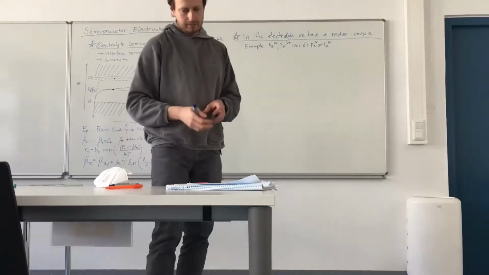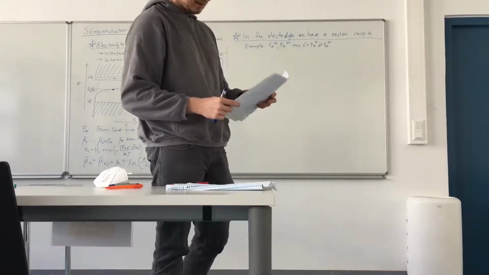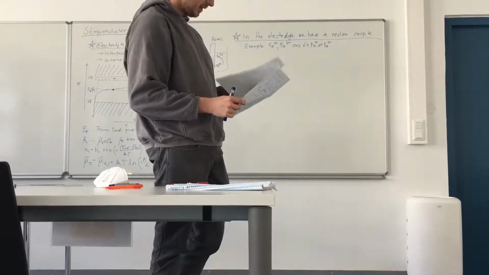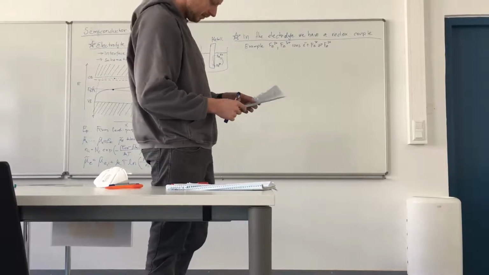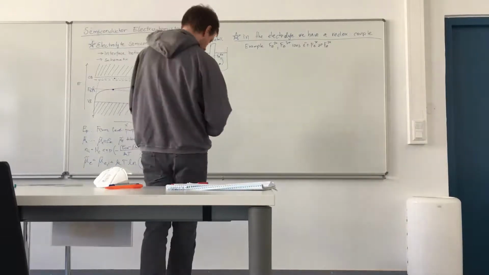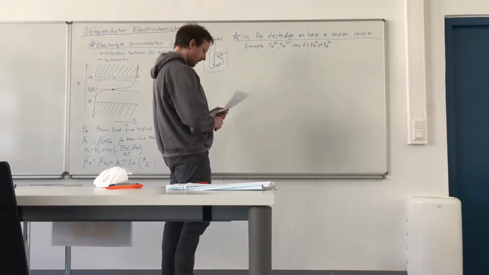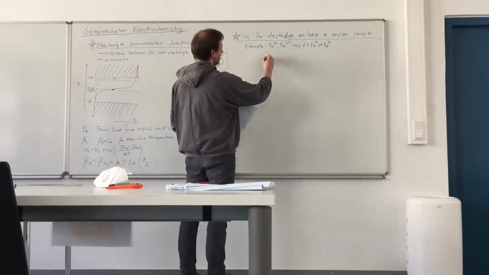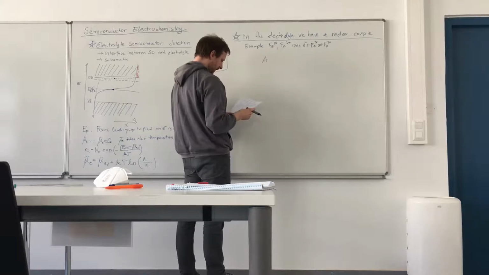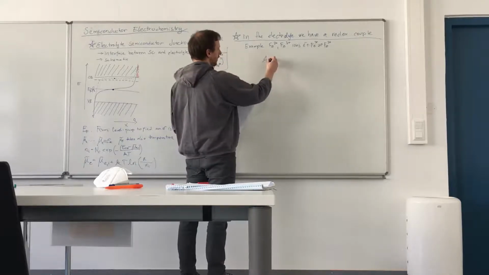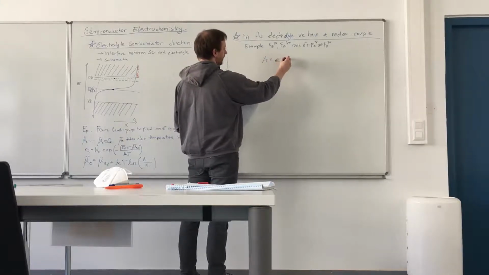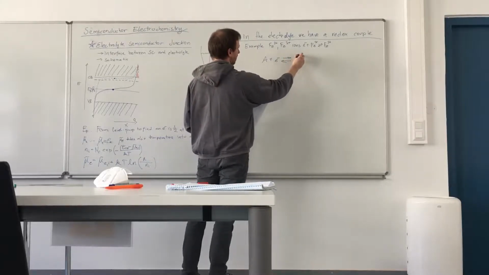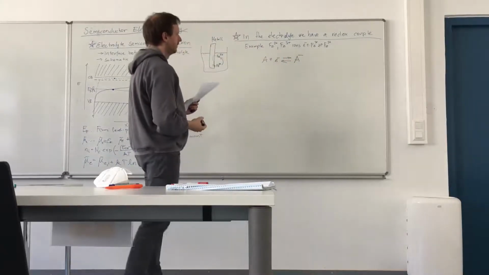So, this is one practical example. I hope you got some sense of what I mean. The very abstract definition, however, would be that you have some species A in the solution plus an electron, which is in equilibrium with A minus.